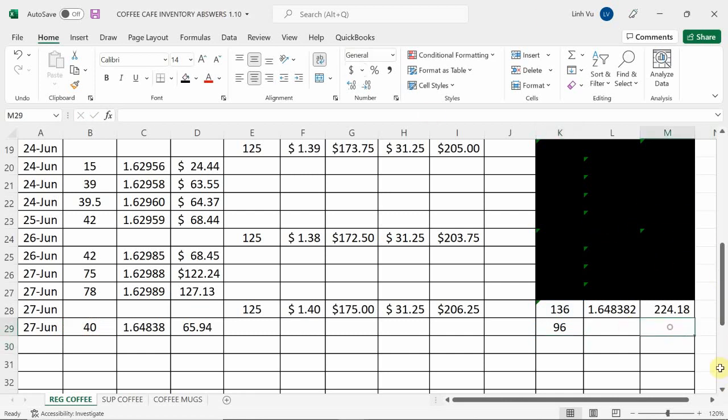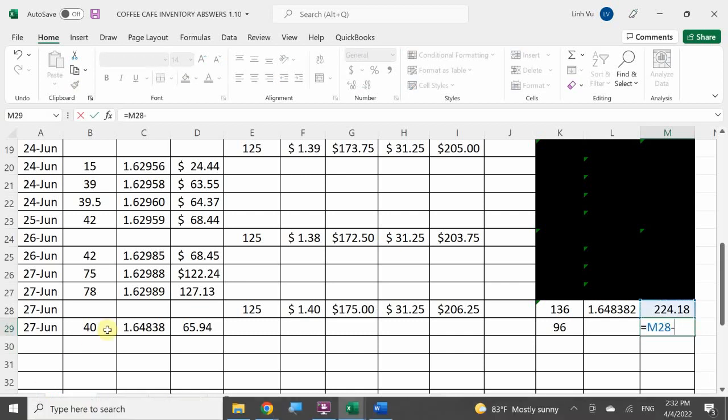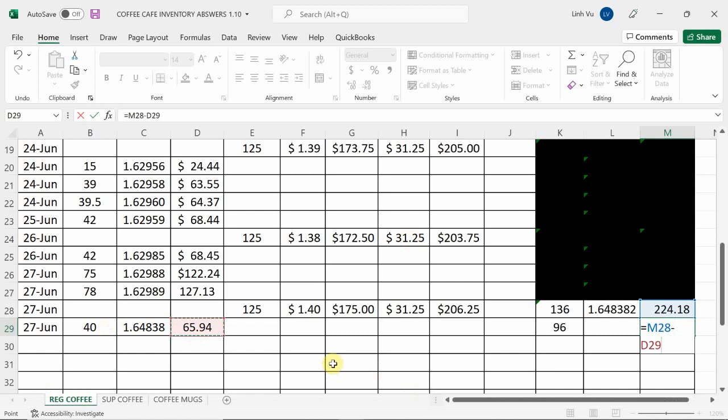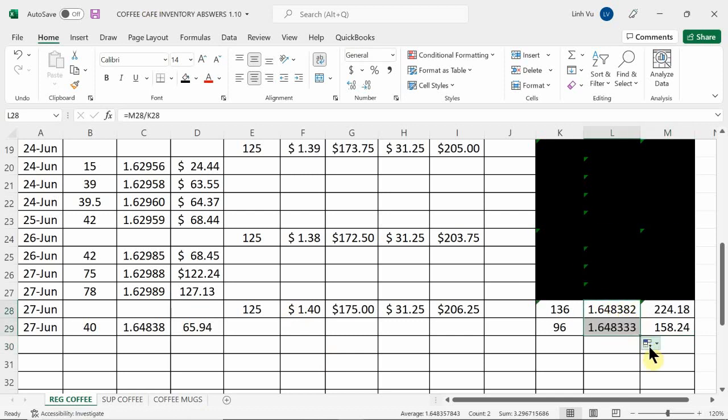What's my new total? $158.24, which should give you a cost per item to be similar. It's just now dropped by 50,000th of a penny. So you have 96 pounds left.